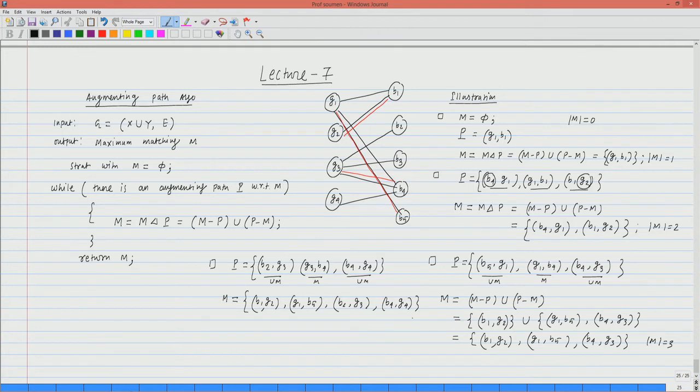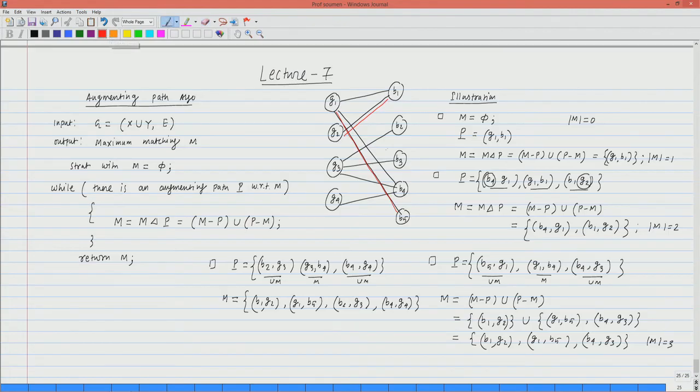So, this is the new matching with respect to the current augmenting path. Let me just draw it finally. So, B3 G4 has been removed. Okay.